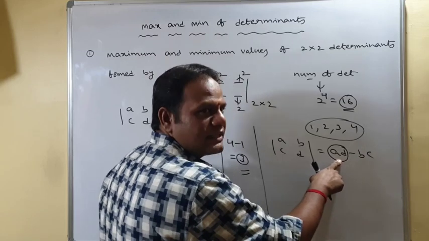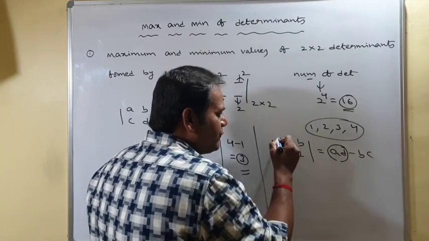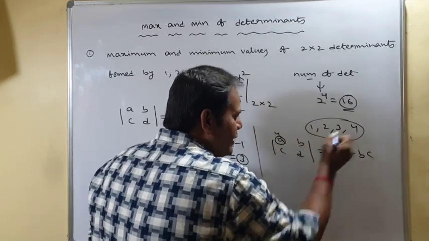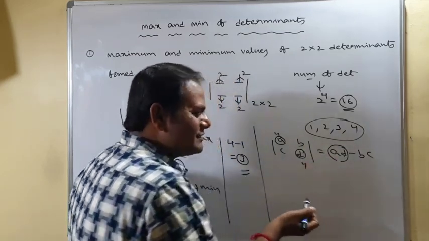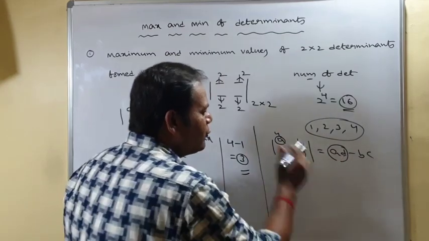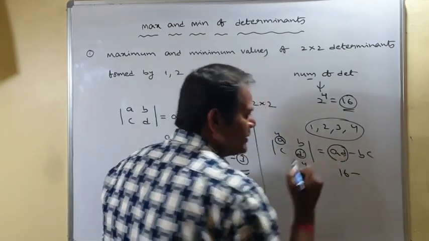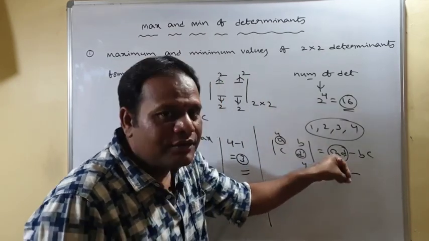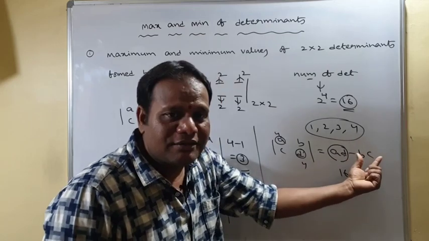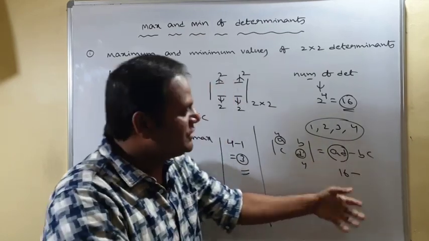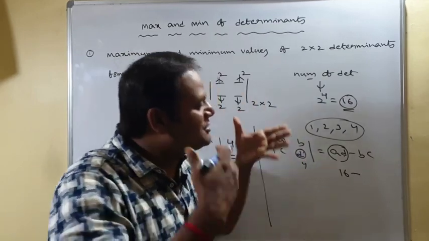When it is greatest, in place of A you take 4, and in place of D also you take 4. Then you get the maximum in this place. 4 into 4 is 16, minus BC. So from 16 you have to subtract something. If that something is the least value, then you can get the maximum determinant.